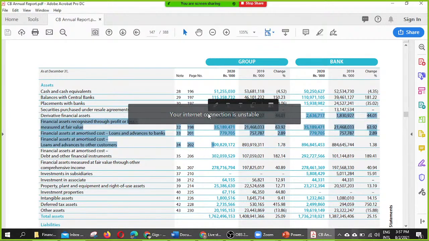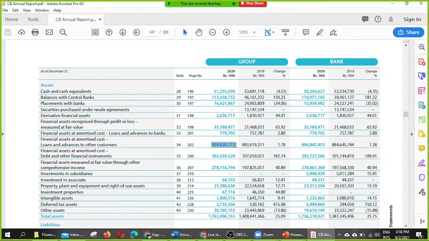Here, loans. What is that? Financial assets at amortized cost: loans and advances to other customers. And this one, financial assets. So it's a loan. And here cash in hand, cash equivalents.